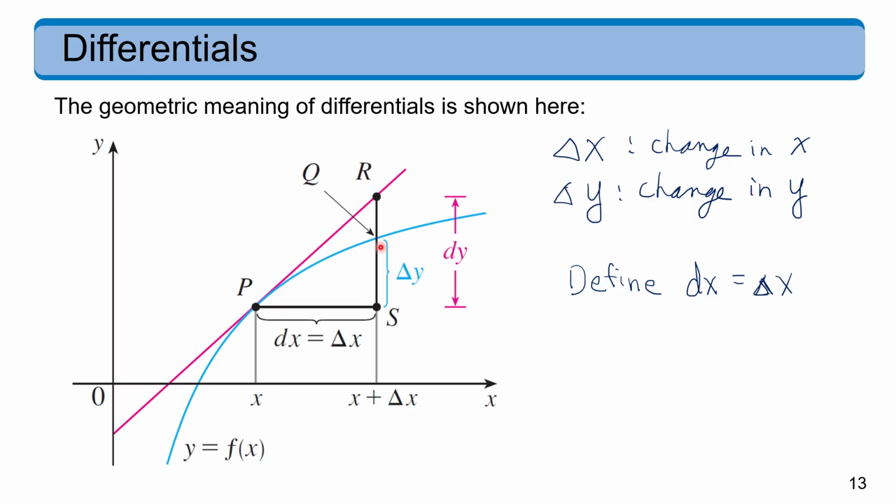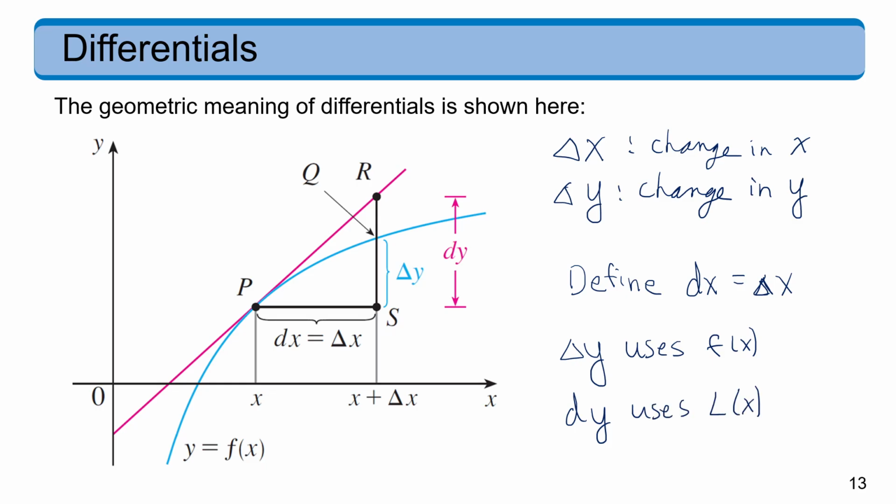So then our dy is not going to be the same as delta y. dy is the difference between the original y coordinate and the new y coordinate. The difference is we're using the y coordinate on the tangent line instead of on the curve itself. Okay, so in our picture, just to make a note here, delta y uses the actual curve, but dy uses the linear approximation, the tangent line.